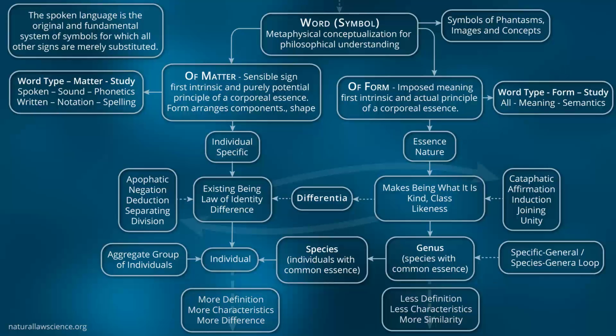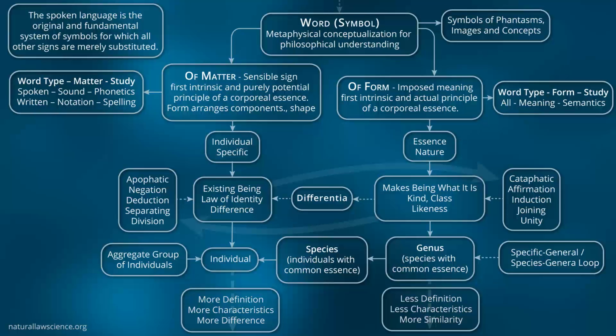So your symbol is of matter and of form. There's matter and form. In the matter side, that's where we're going to relate it to an individual specific thing, because it's corporeal essence. It's the potential of the corporeal essence, and that's the individual specifics.